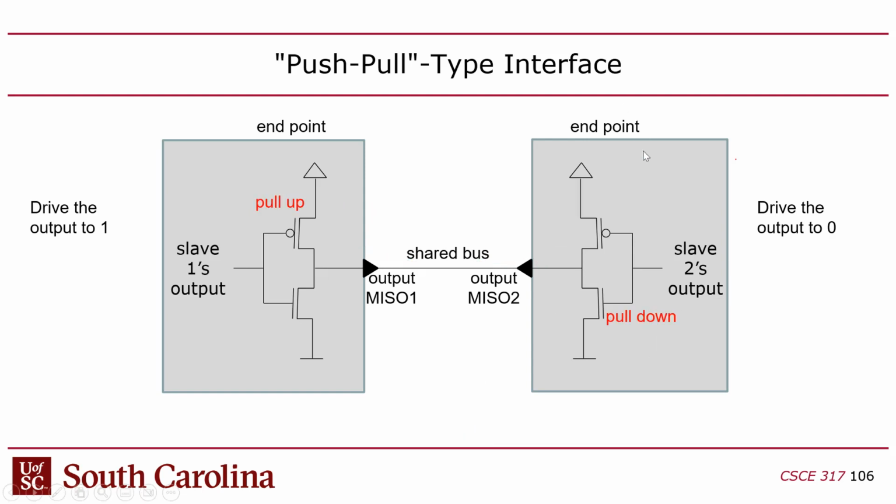The problem, as I mentioned, is that if you don't have the tri-state bus and you've got one chip trying to pull MISO high and the other one trying to pull it low, what you end up with is a low impedance path from the power supply on one chip to ground on the other chip. In the case of SPI, you're assuming that all the chips on the channel have a common ground. So you can end up with a large amount of current flowing out of one chip and into another chip.